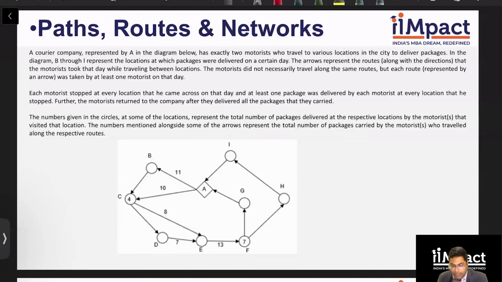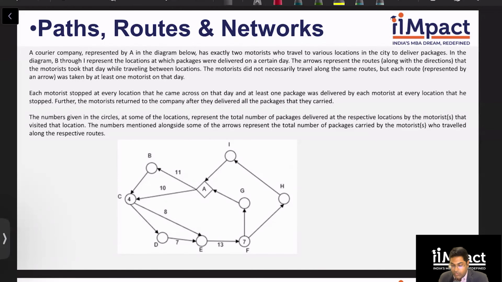A courier company represented by A in the diagram below has exactly 2 motorists who travel to various locations in the city to deliver packages. In the diagram, B through I represent the locations at which packages were delivered on a certain day. Arrows represent the routes along with the directions that the motorists took that day while traveling between locations.